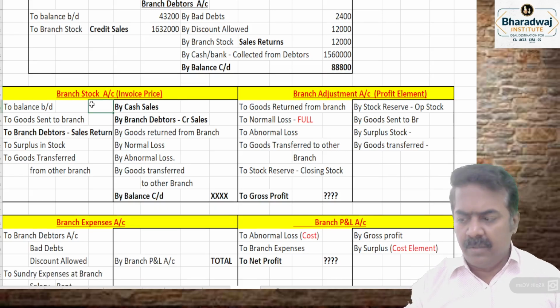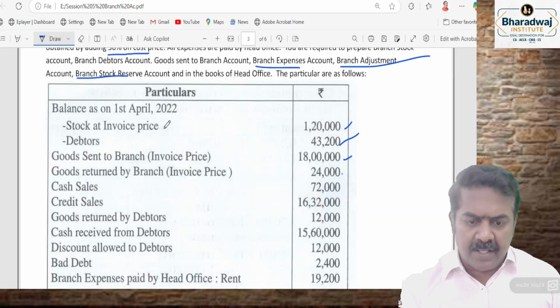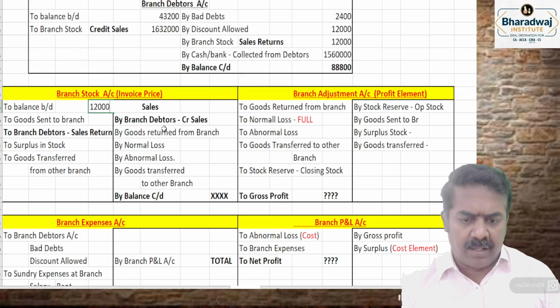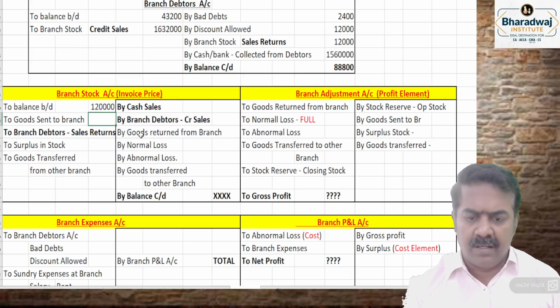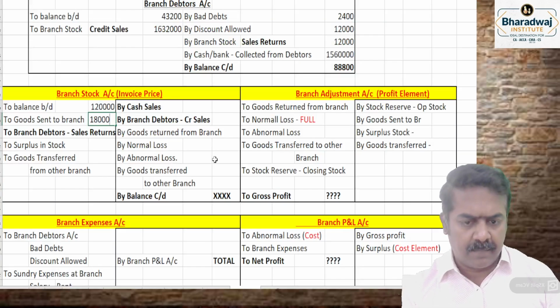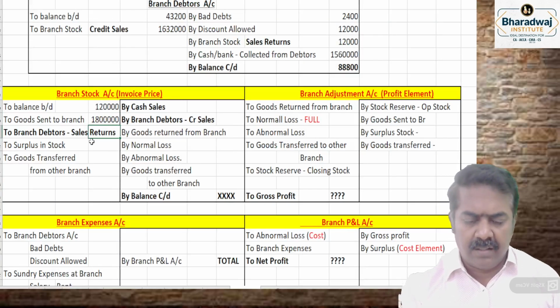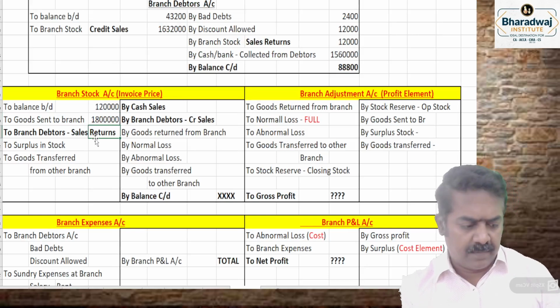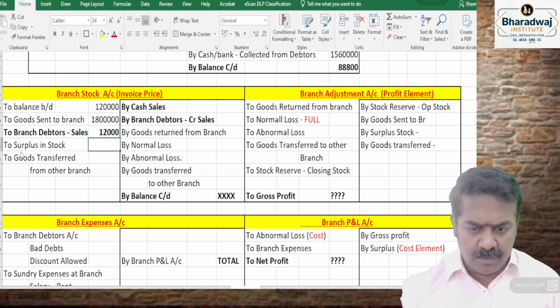Branch stock account will be maintained at what price? Invoice price. What is the opening stock given? Invoice price 1,20,000. Then goods sent to branch, at invoice price. Then any sales returns? There is no surplus or goods transferred.